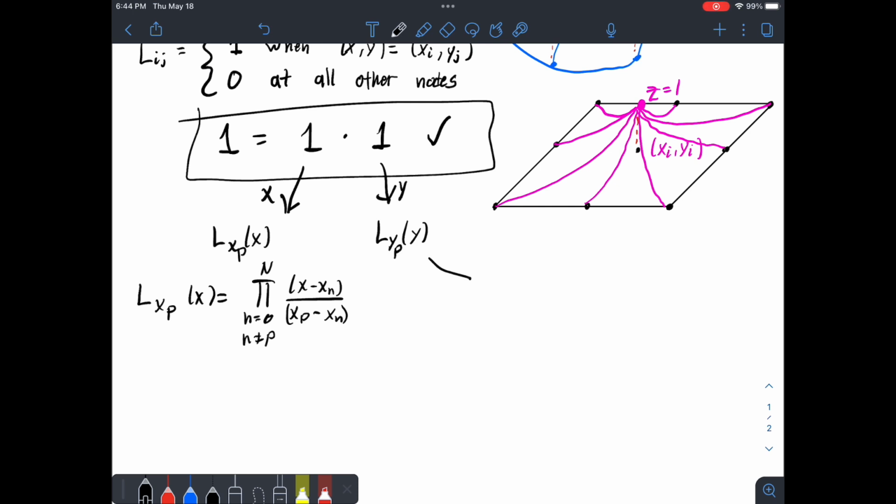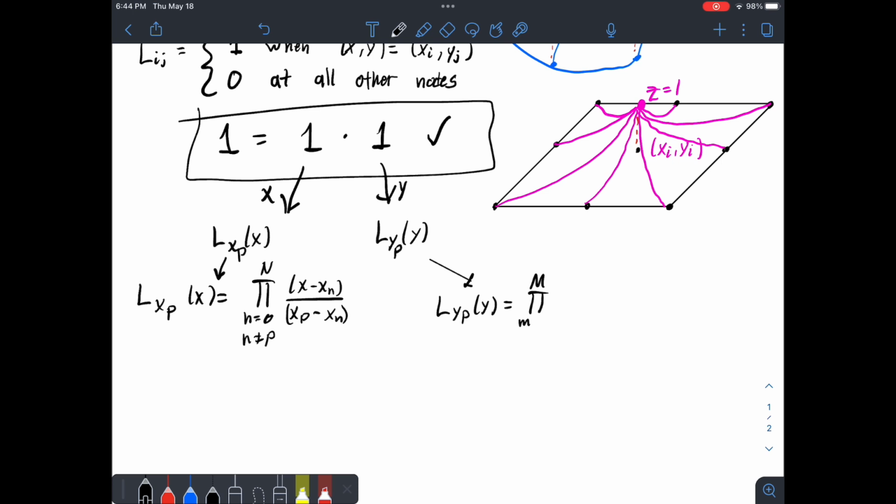But now let's create the exact same function, but for y. So we're going to have Lyp of y, and this is going to equal the pi notation, the product. But now we don't necessarily have the same number of points in x and y, so we could actually be in a rectangle.